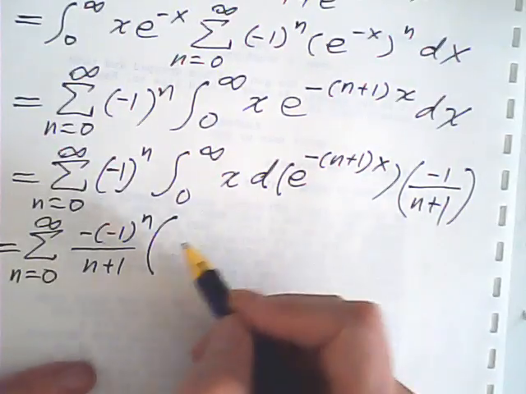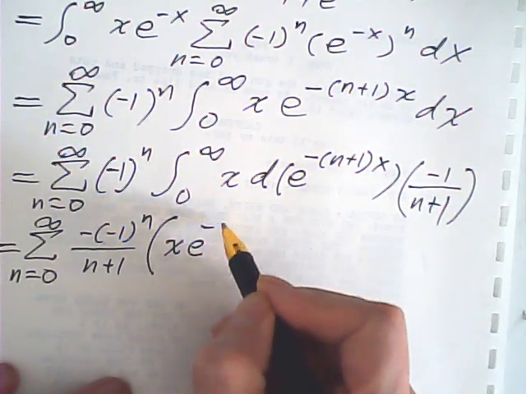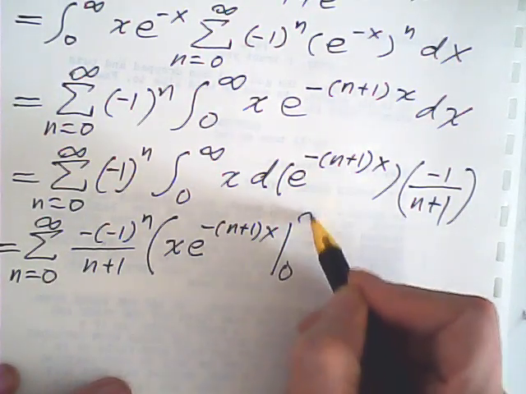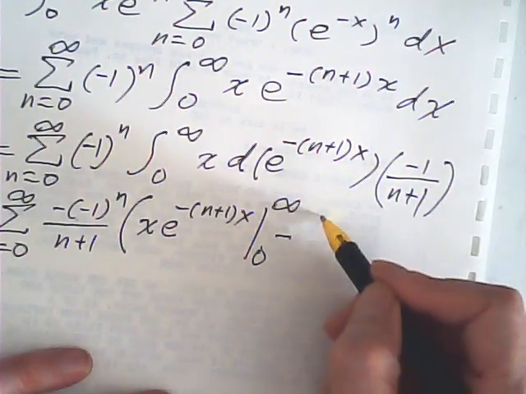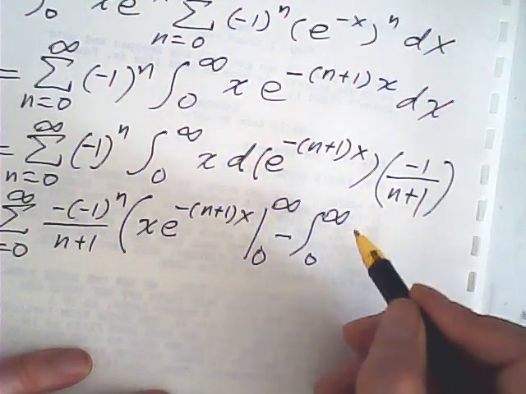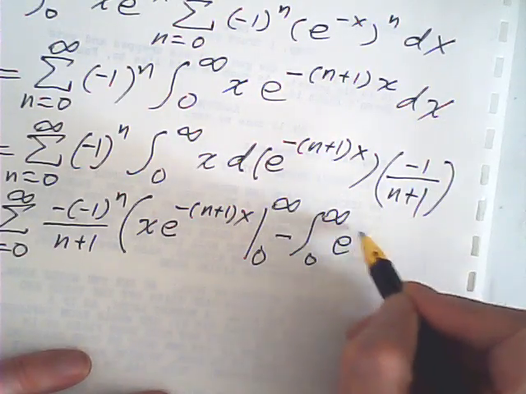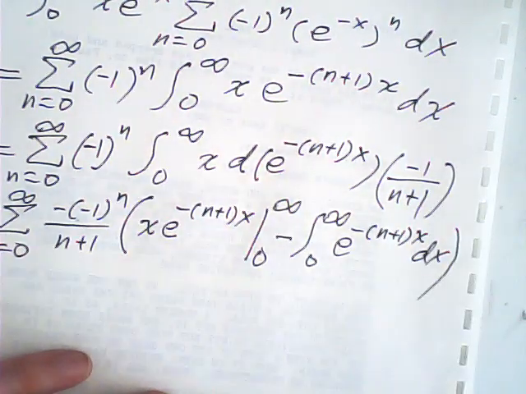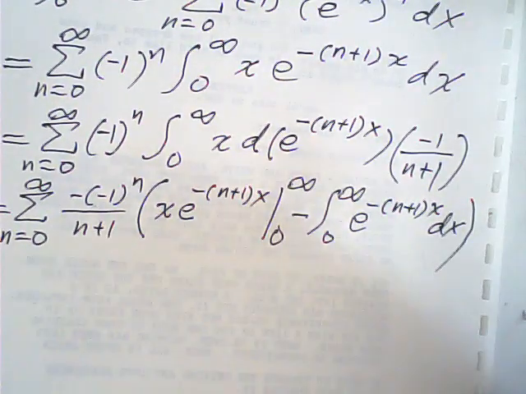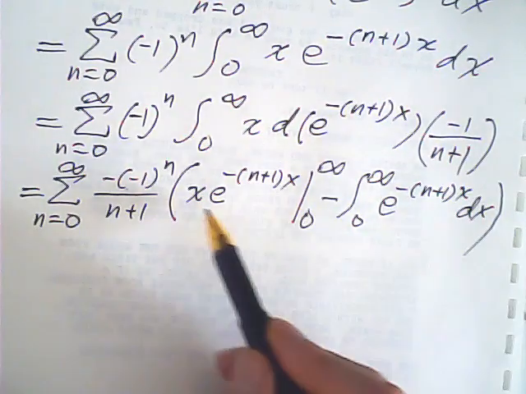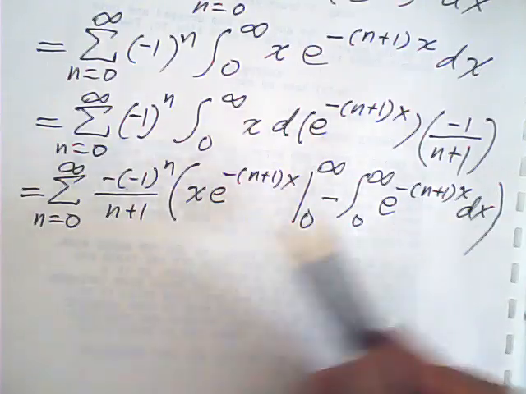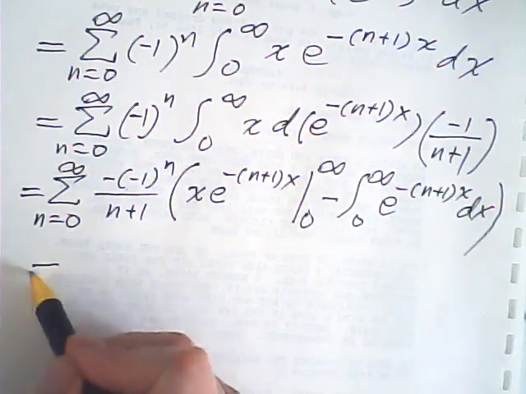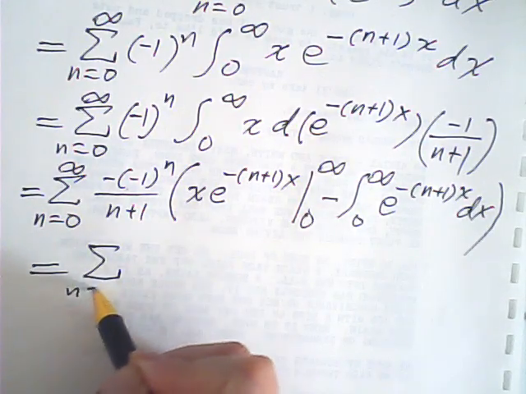Now by parts: this is x times e to the negative n plus 1 x from 0 to infinity, minus the integral of e to the negative n plus 1 x dx, right? By parts. And this, I just leave it for you to work out. That is 0.